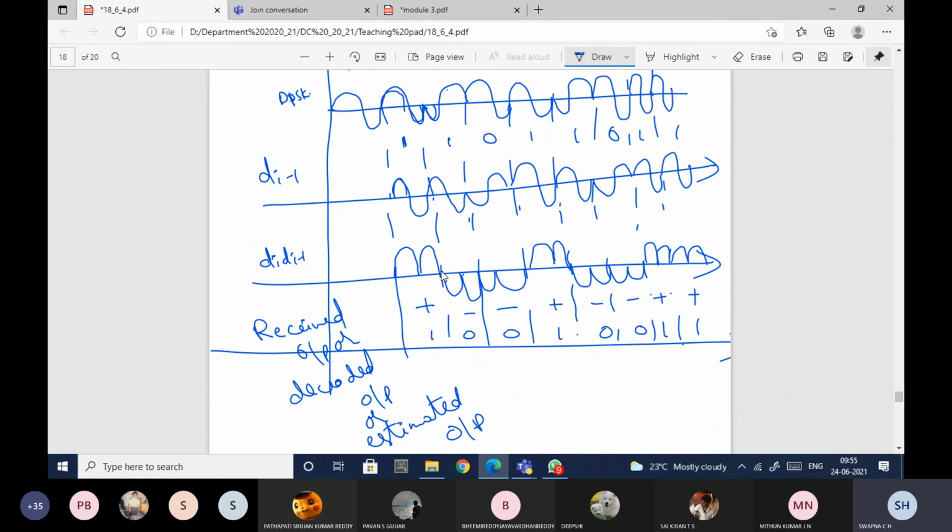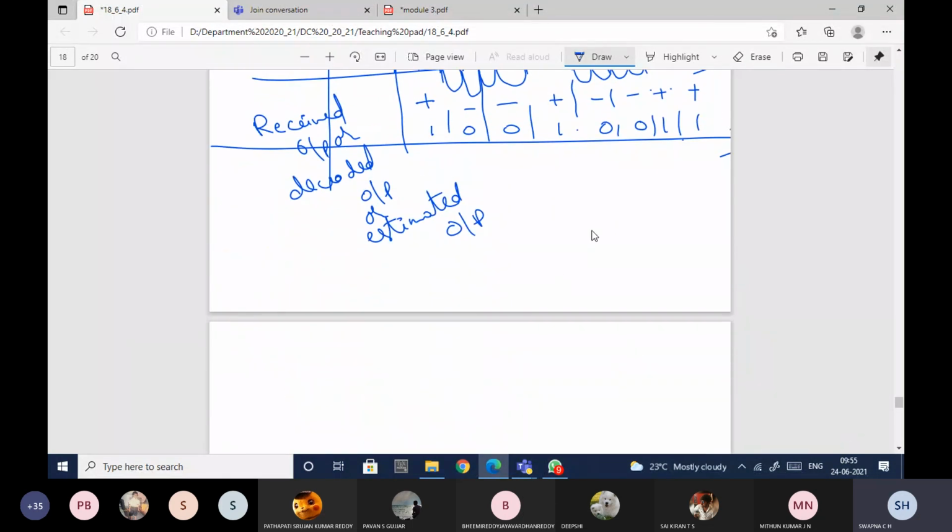The 2 more problems are BFSK related. They ask you to compare the BFSK average probability of error for coherent detection and non-coherent detection. Tomorrow I'll brief you.